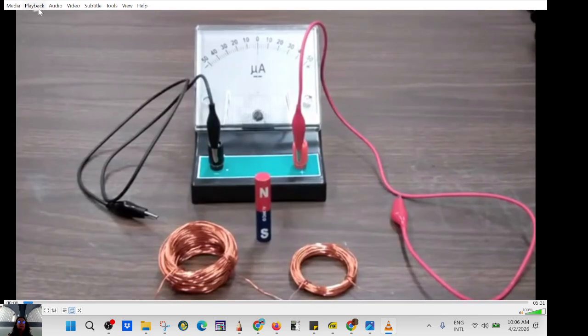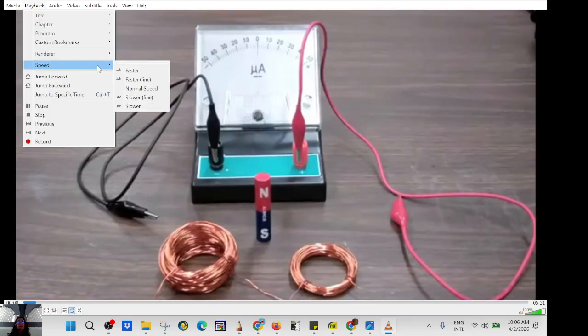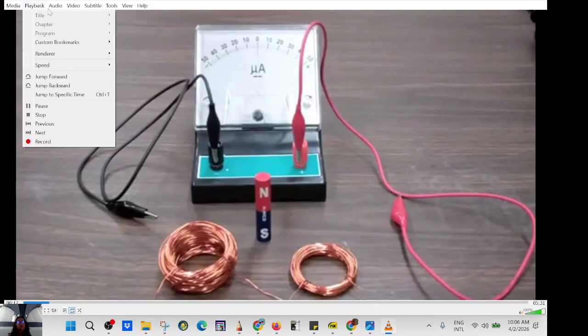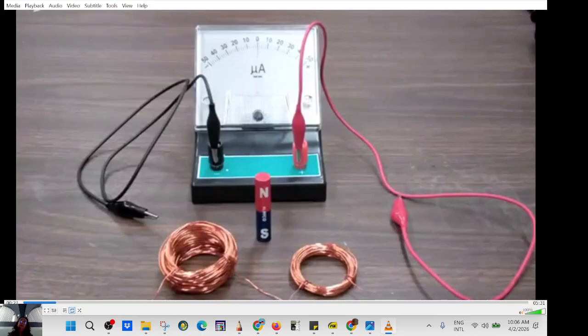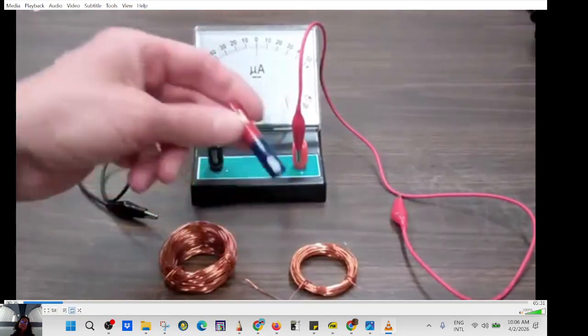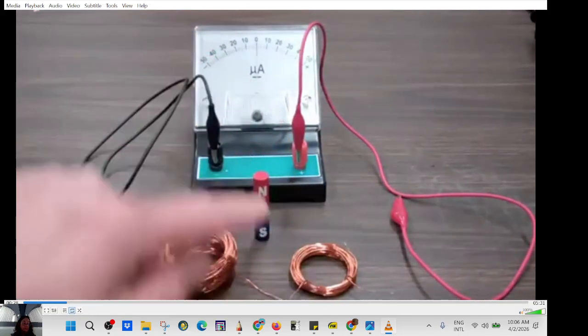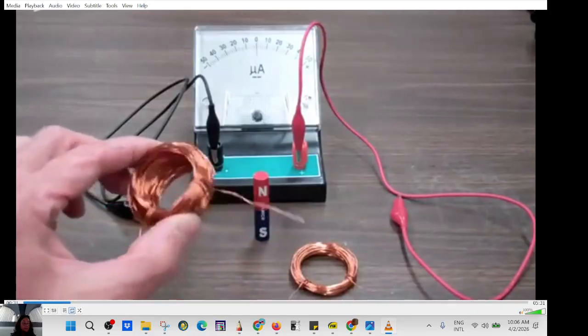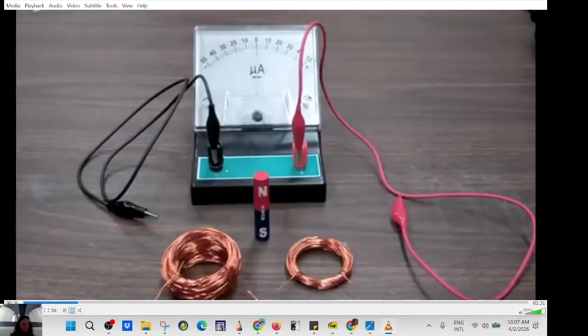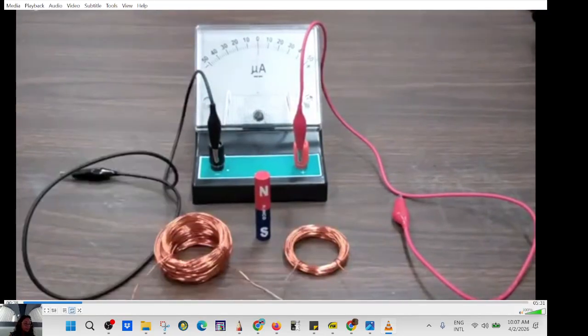In 1831, Michael Faraday in London and Joseph Henry in New York independently discovered electromagnetic induction. I am going to demonstrate electromagnetic induction with an experiment similar to Faraday's. So I have an ammeter here, a magnet, and two coils. This coil has 100 turns, and this coil has 25 turns.